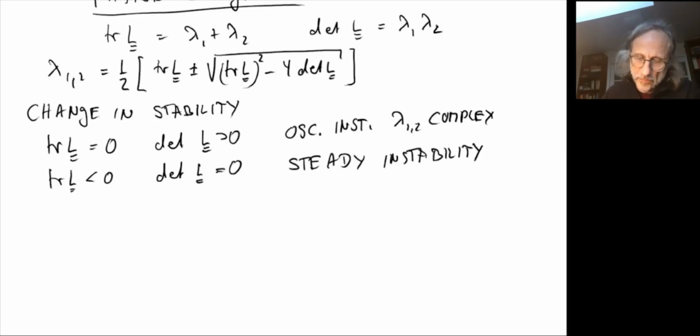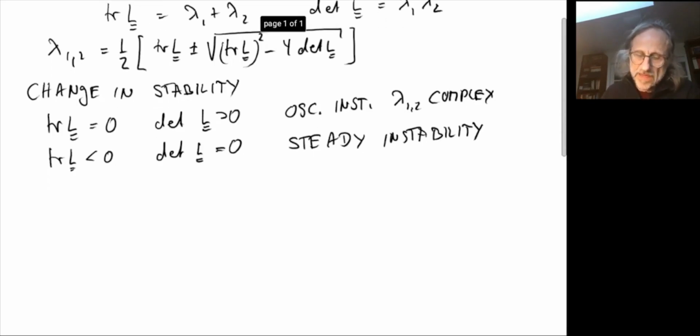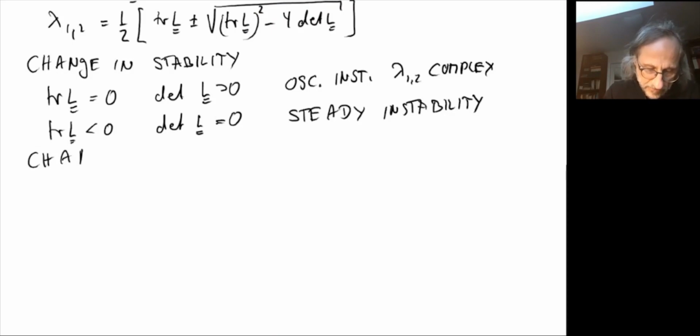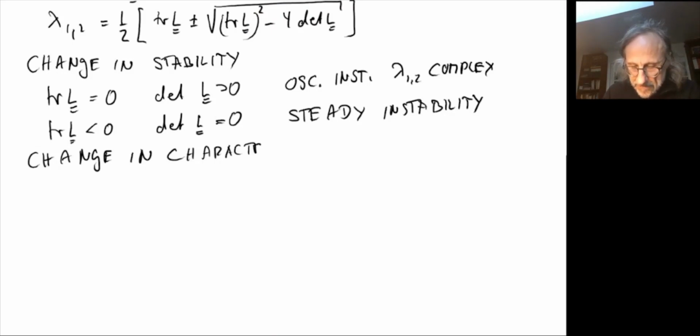The other thing we want to know is whether the eigenvalues are complex or real. And that, of course, is determined by the square root. And so we see that the change occurs when the trace squared is equal to 4 times the determinant. So a change in character: if the trace of L squared is equal to 4 times the determinant of L, that's when this happens.